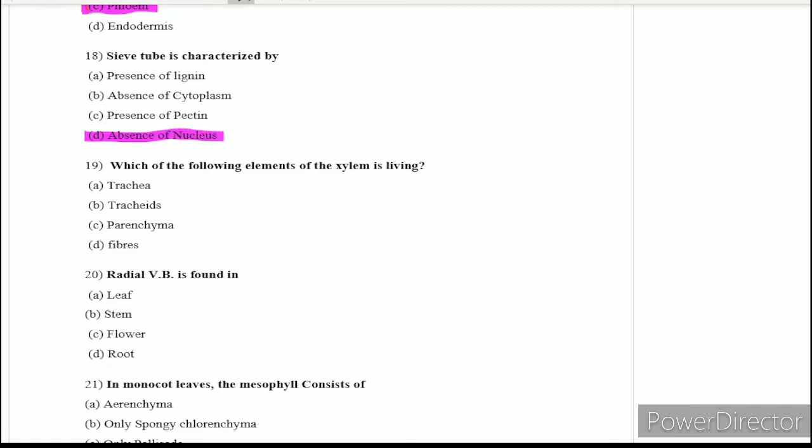There is no nucleus present in the sieve tube elements. As I already said, if this is phloem, another cell associated with this is called the companion cell. This companion cell has a nucleus, but there is no nucleus in the sieve tube. It has cytoplasm on the periphery. See, this is the periphery, and it has cytoplasm, but there is no nucleus present in the sieve tubes.